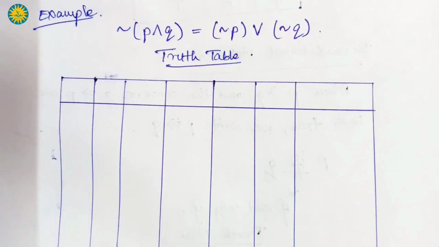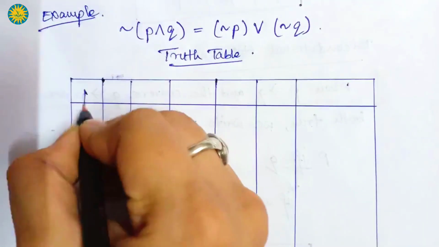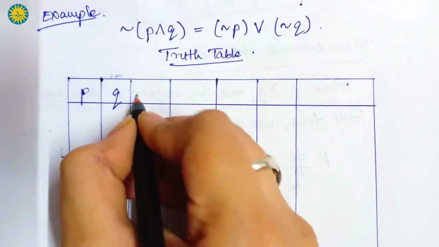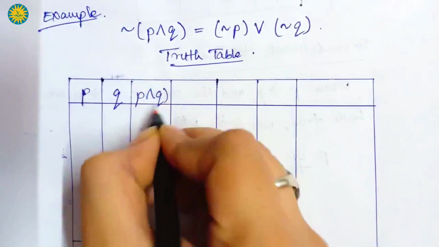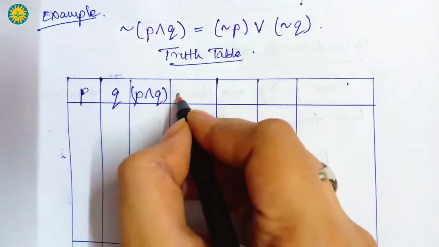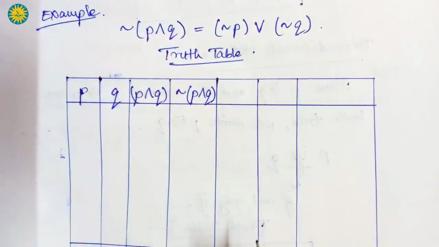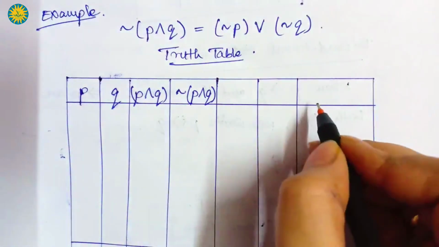Okay, so let's fill up the columns. The first 2 are for P and Q. The third one is P and Q. The fourth one is for not (P and Q). We will fill these 3 later.